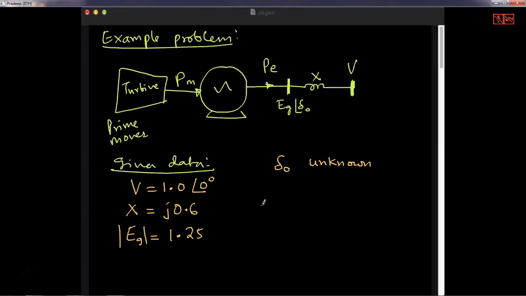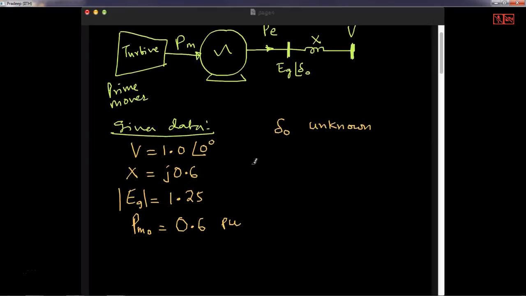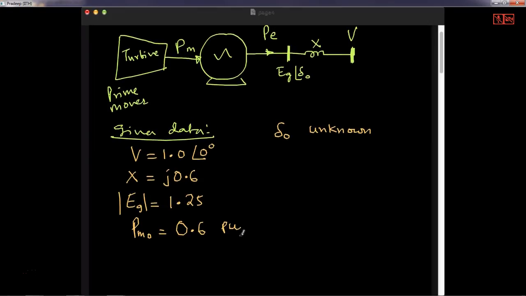Now under steady state condition, PM naught is equal to 0.6 per unit. So therefore PE naught is also equal to 0.6 per unit, because under steady state condition, PM naught equals PE naught. From this I can find the delta naught.